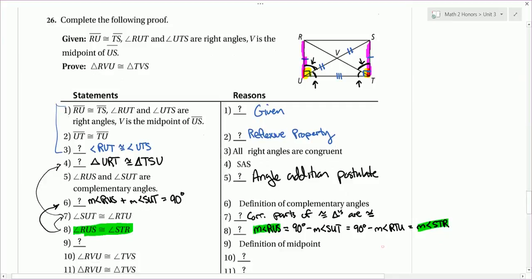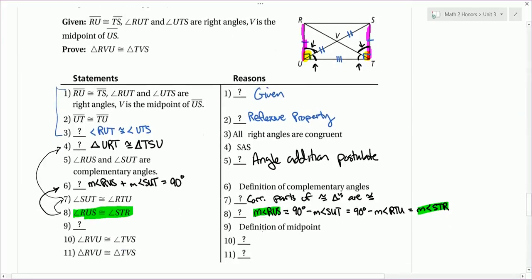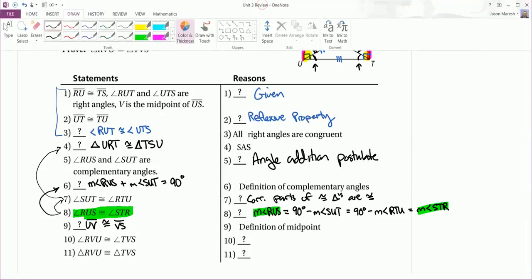All right, 9. We're using the definition of a midpoint, from your original given that says V is the midpoint of US. And so we said UV and VS are congruent. So line segment UV is congruent to line segment VS. 10, angle RVU, I'm going to use red here.